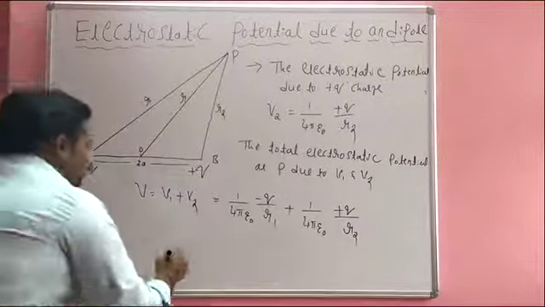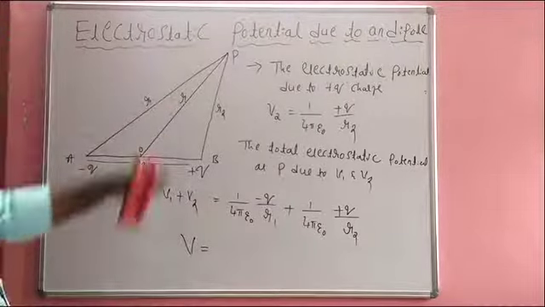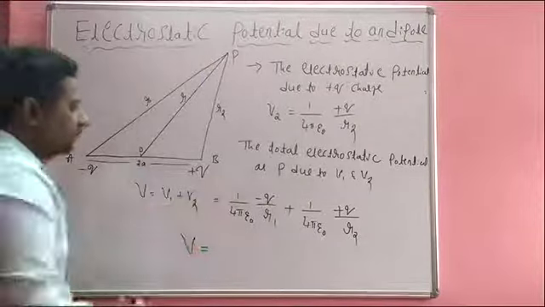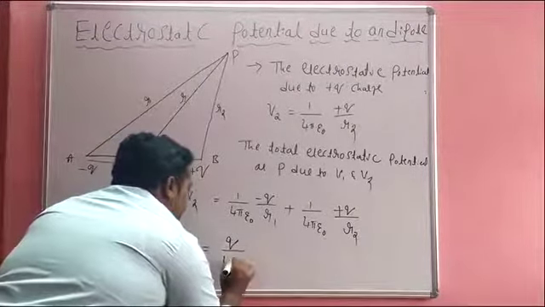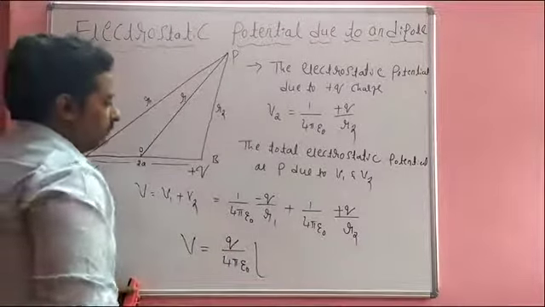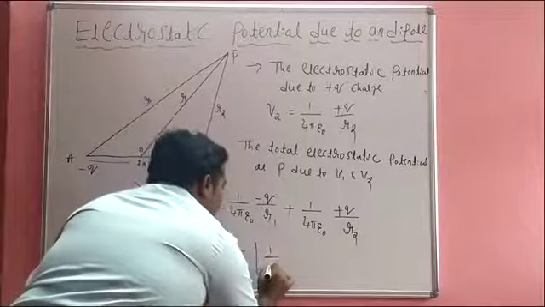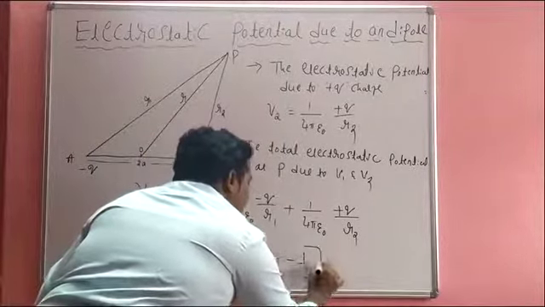So the total electrostatic potential at P is V equal to Q divided by 4 pi epsilon naught, common, times the remaining terms: 1 divided by R2 minus 1 divided by R1.